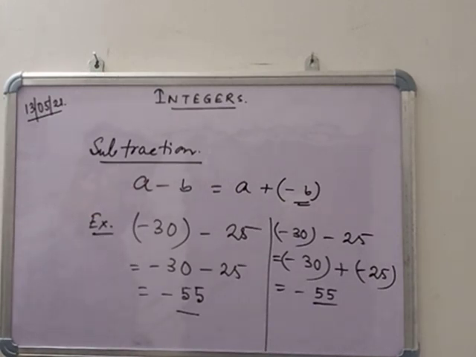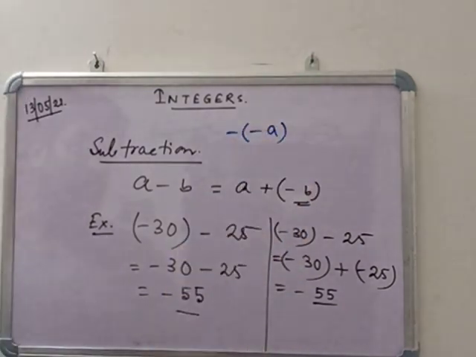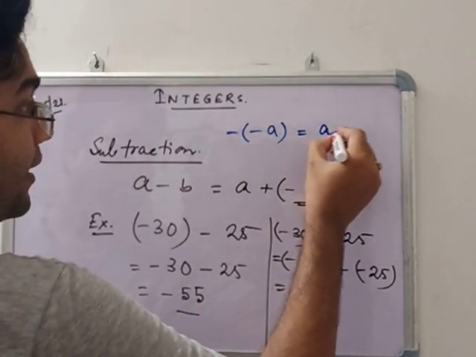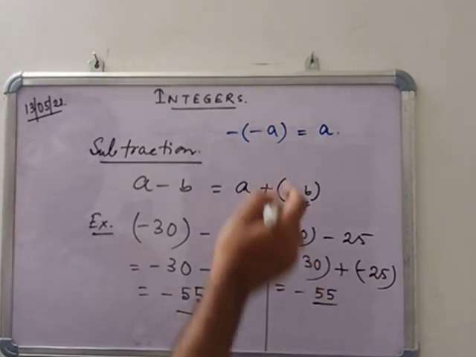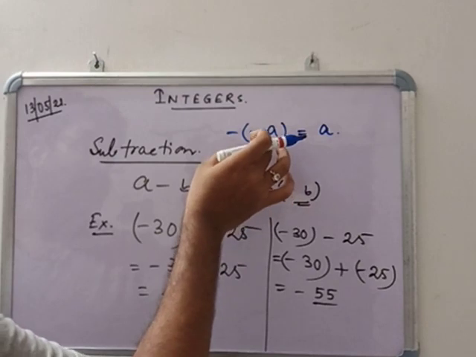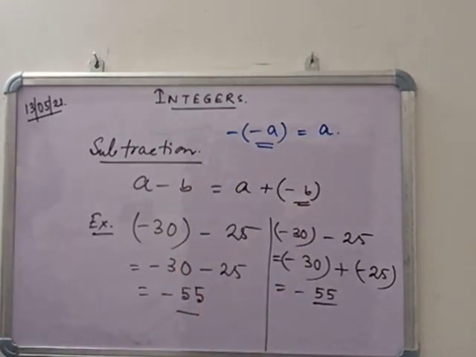So, one more thing: if we write minus of minus a, that means a. Minus of minus a is a. Which means the additive inverse of minus a is plus a.